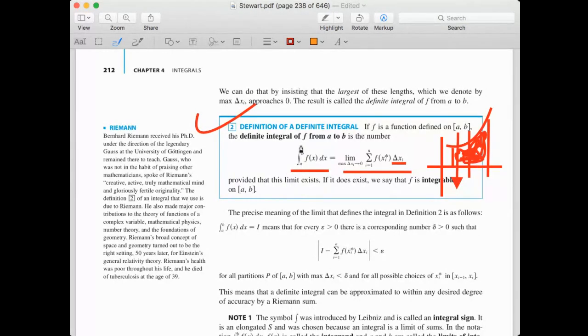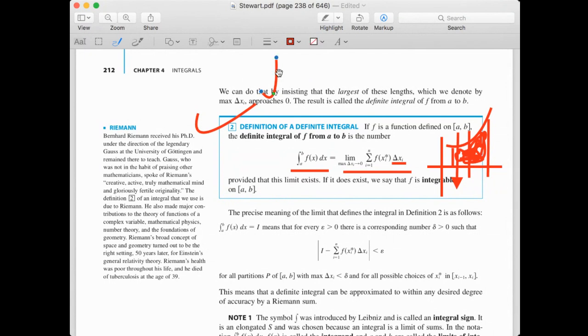So what does this notation mean? The integral sign from a to b with dx is a pair, meaning we're cutting from a to b into infinitely many pieces. So we always write these two as a pair.